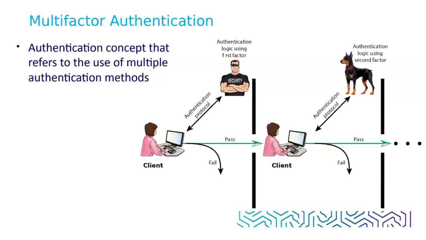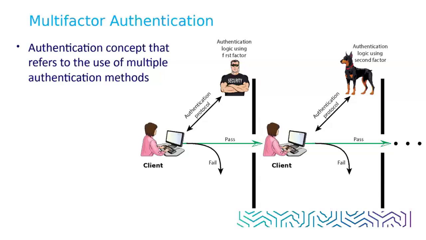If the system only requires a password, the attacker can immediately access your account. However, if the system also asks for a fingerprint, a one-time password, or a security key, the attacker cannot log in unless they also possess the second factor. This makes unauthorized access much more difficult.